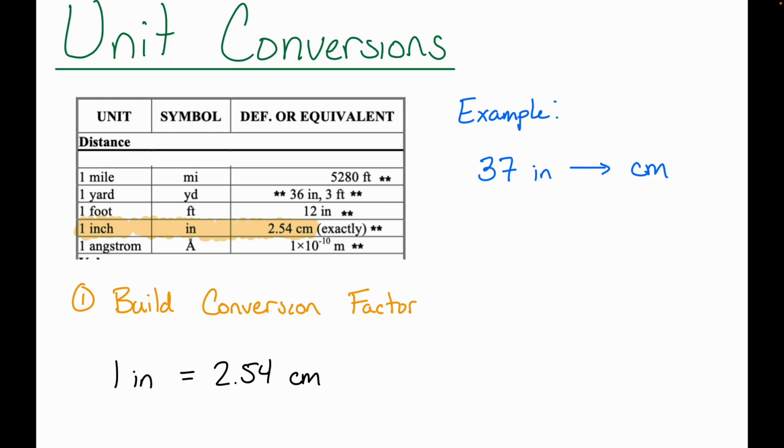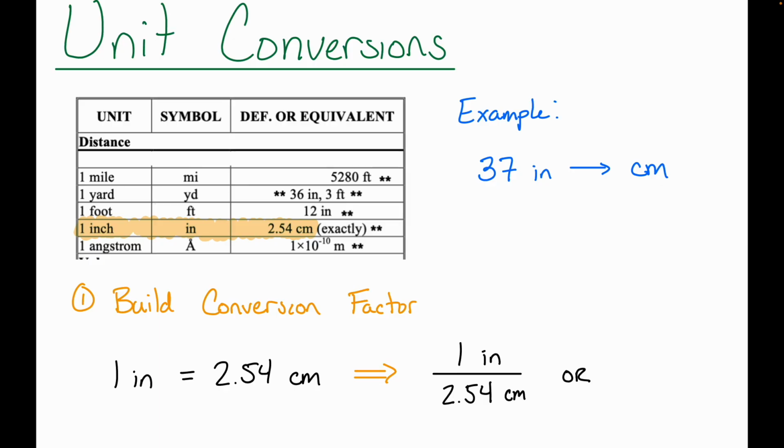And just like before, what did we do with this equality that allowed us to use it in our math? We're going to take one side and stack it over the other one, right? So just like before, we can build these conversion factors where I have 1 inch over 2.54 centimeters.